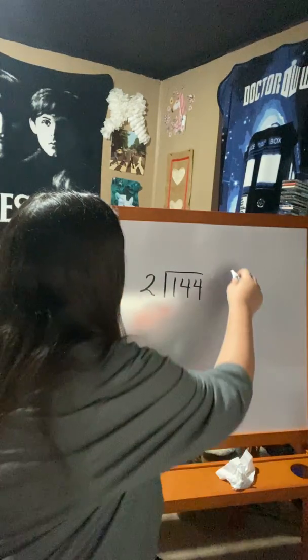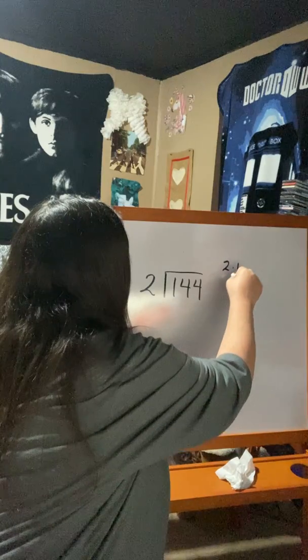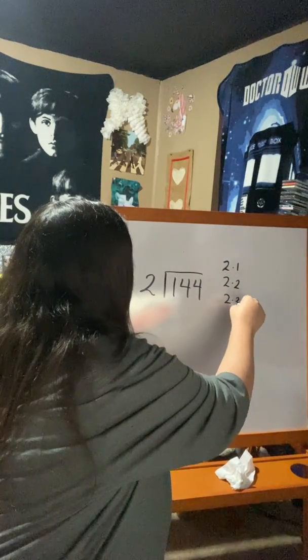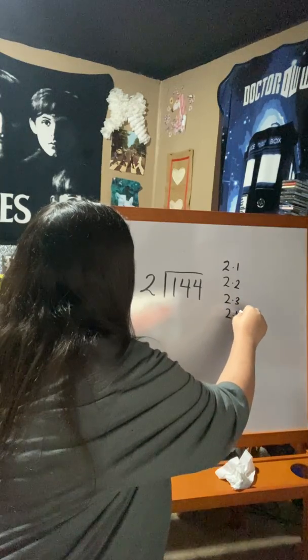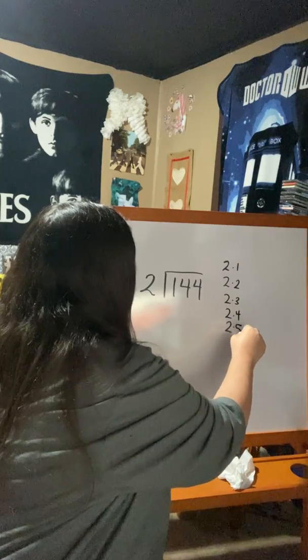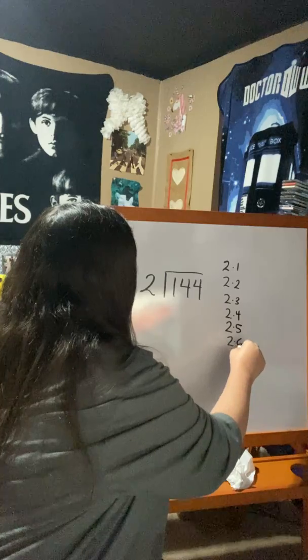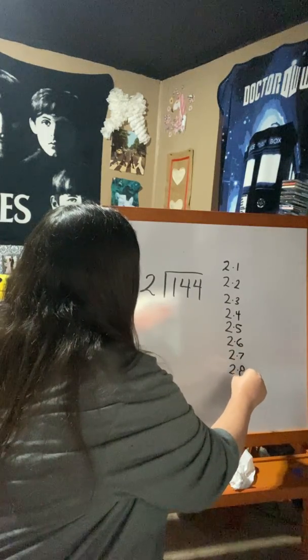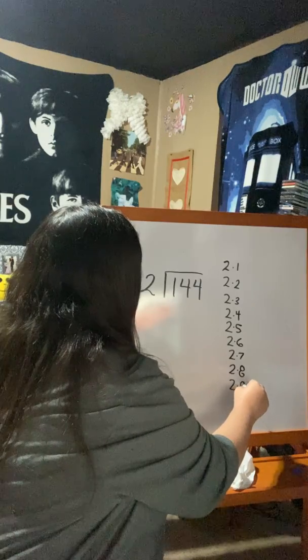We can write our two facts. 2 times 1, 2 times 2, 2 times 3, 2 times 4, 2 times 5, 2 times 6, 2 times 7, 2 times 8, 2 times 9.